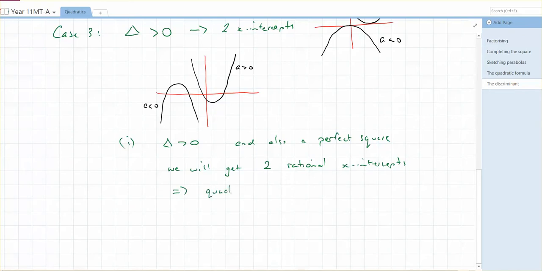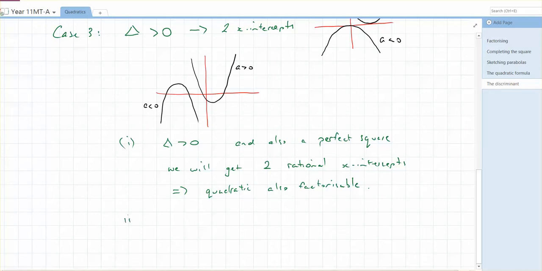And that's worth noting. Sometimes it's worth working out the discriminant if you're trying to factorize. If you're not sure whether a quadratic is factorizable, work out the discriminant. If it's a perfect square, it is.